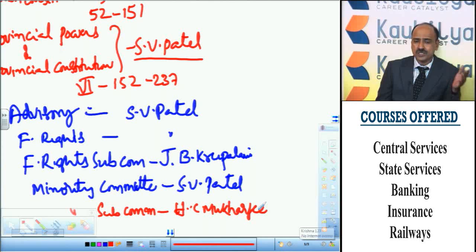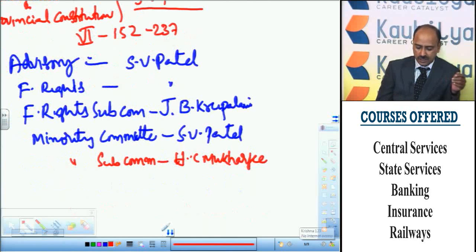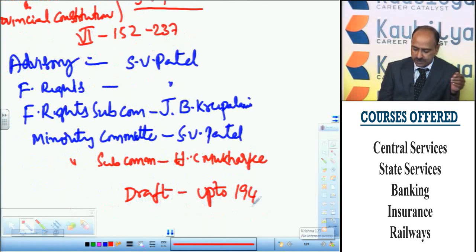All these committees and subcommittees were formed and they drafted our Constitution. Finally, the draft, meaning a rough constitution, was made up to February 1948. It was not finally approved; just a draft was designed.